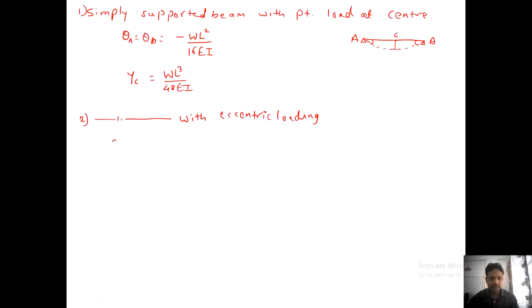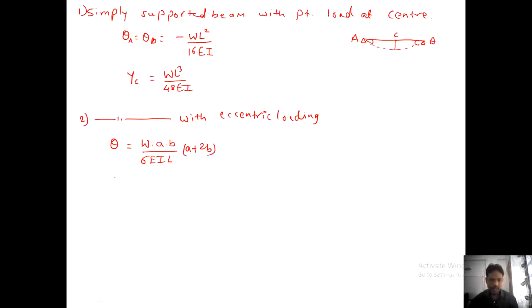For eccentric loading, theta is given as again theta A or theta B equal to W, that is the load. Small a indicates the distance of the point load from support A, and small b is the distance of the point load from support B. The formula is WAB by 6 EIL into (L plus B), or A plus twice B as stated.